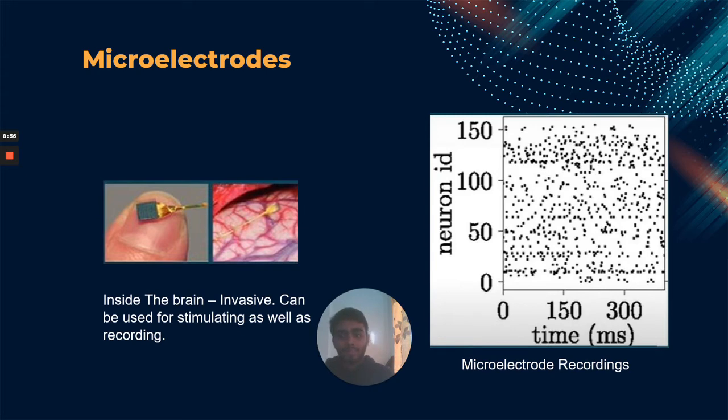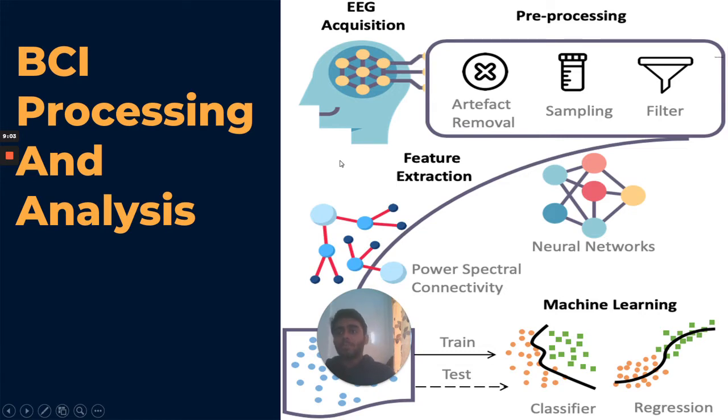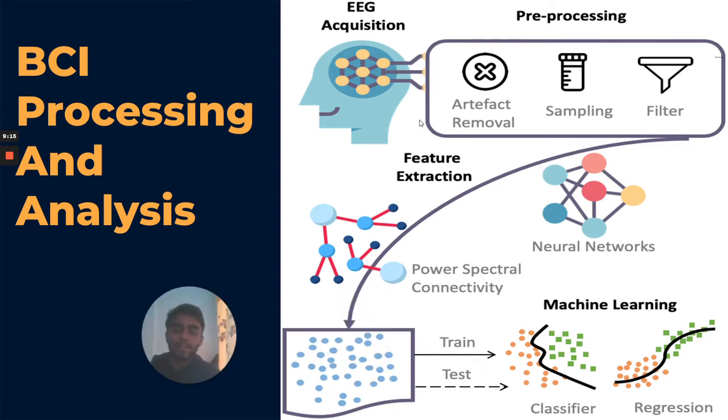Now we have seen three techniques. Now we'll see, after getting this recording, how do we move ahead? What is the process of processing and analyzing the data that we recorded or detected in this BCI method? In this image, you see EEG acquisition, but this is not specific to EEG acquisition. You can consider it for any common scenario from any common method. After you get the data recorded, the process of BCI is generally over.